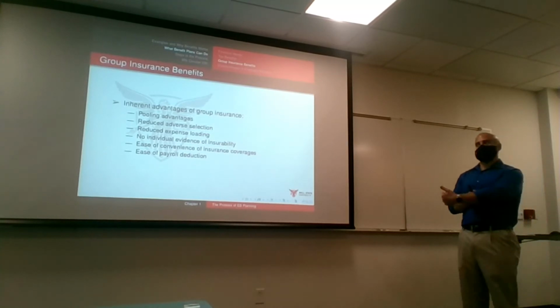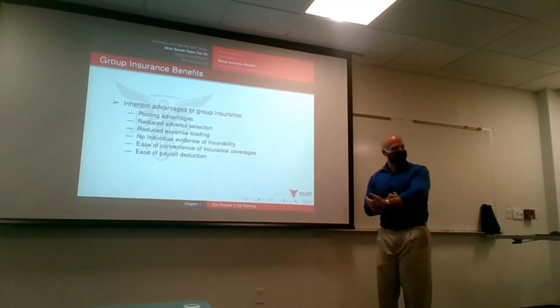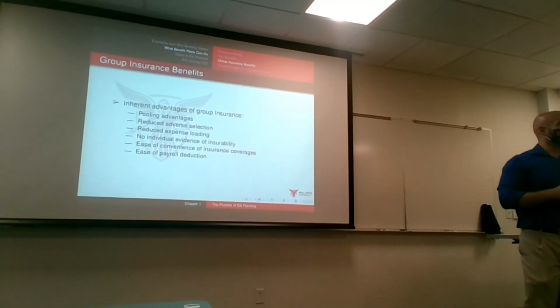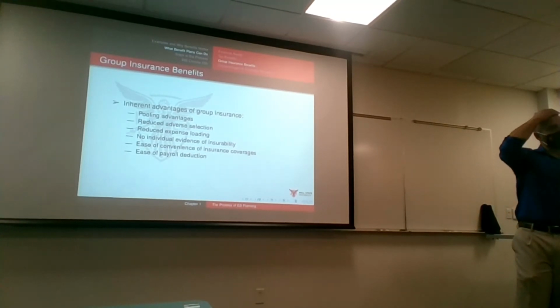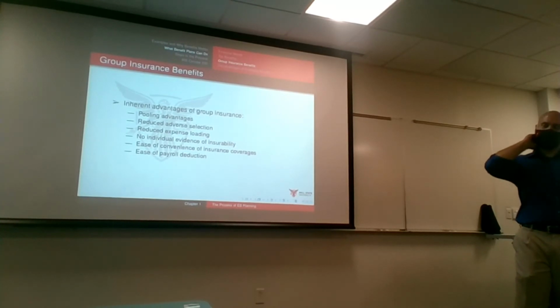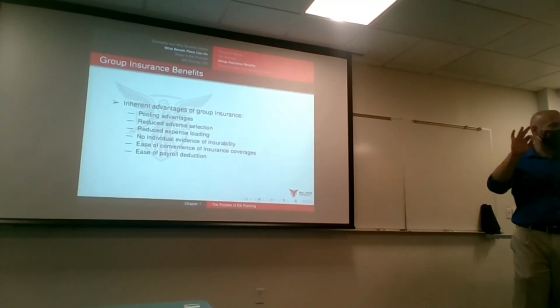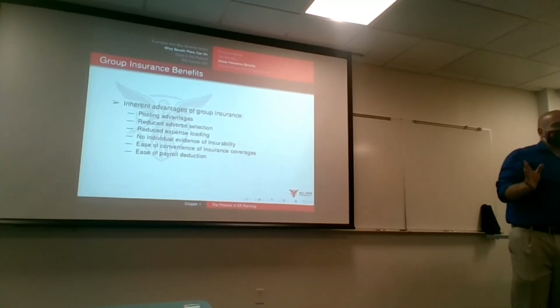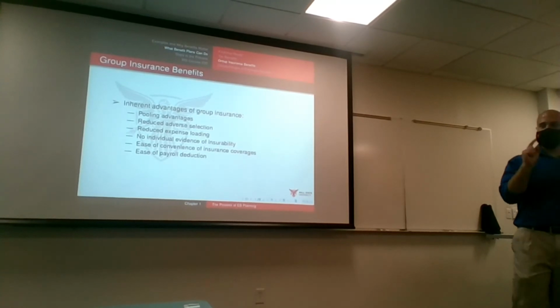So how do we reduce adverse selection? Does anyone, how is group insurance reducing adverse selection? So I'm getting it through my employer. Am I selecting that employer specifically to get health insurance? Probably not. Maybe, but probably not.